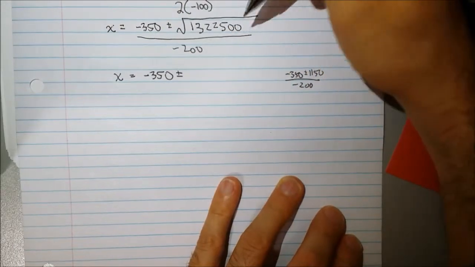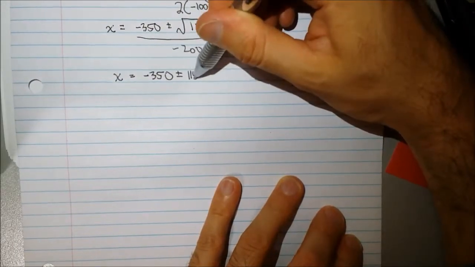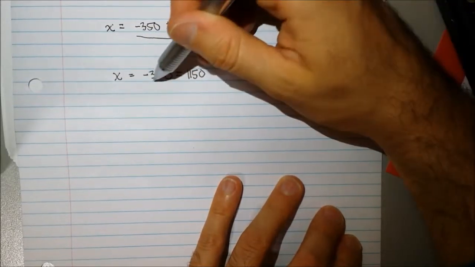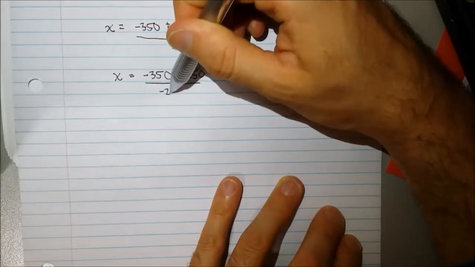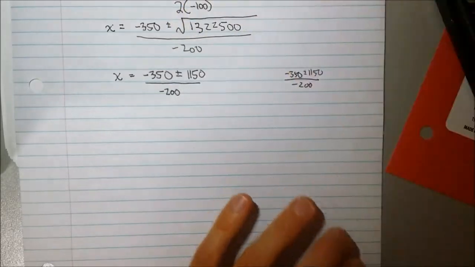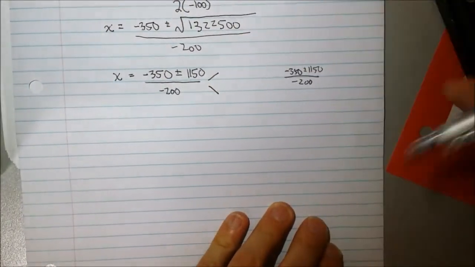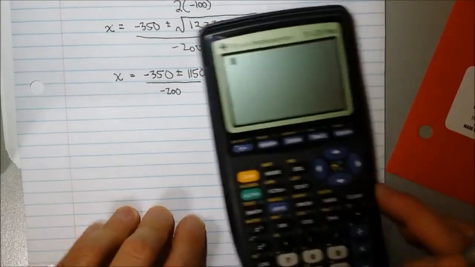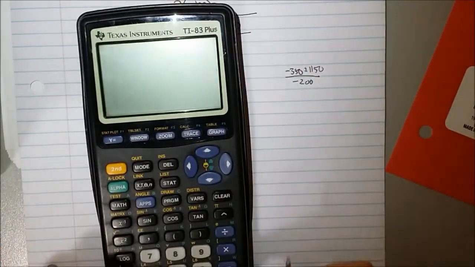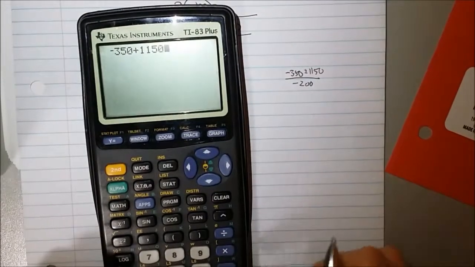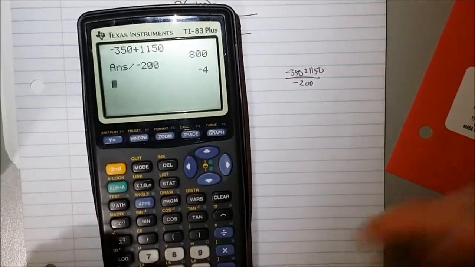This actually ends up being a perfect square, and you get 1,150 over negative 200. So when you get the two values from your calculator, when you plug them in here, I'm going to do plus 1150 divided by negative 200.